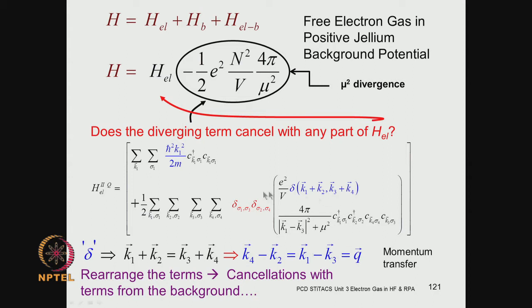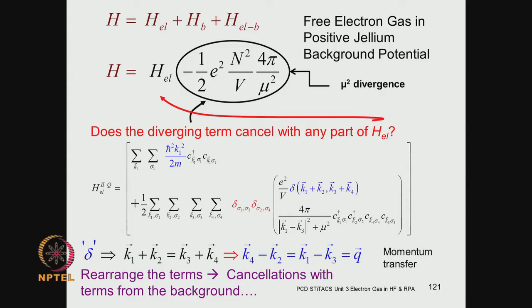So we will write the momentum transfer, which is k4 minus k2, which is the same as k1 minus k3, as q, and then we will look at various terms for the momentum transfer when the momentum transfer is 0 and when the momentum transfer is non-zero.